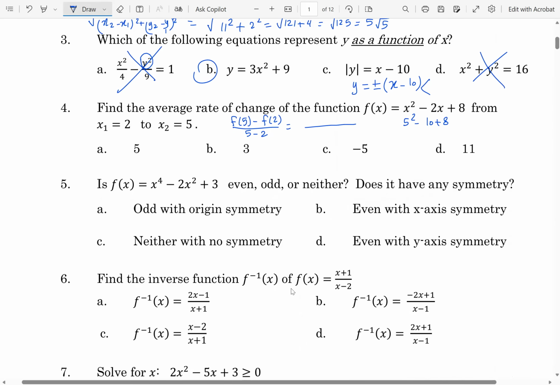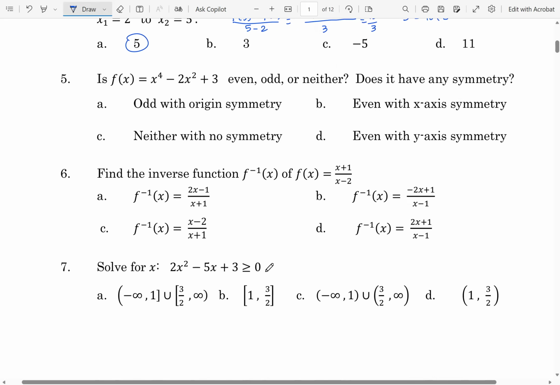So 5 squared, 25 minus 10 plus 8. The answer is 23. So I have 23 here. And f of 2 is 4 minus 4, 0 plus 8 is 8. And 5 minus 2 is 3. So 23 minus 8 is 15 over 3, which is equal to 5. So the average rate of change here, number 4, equals 5.